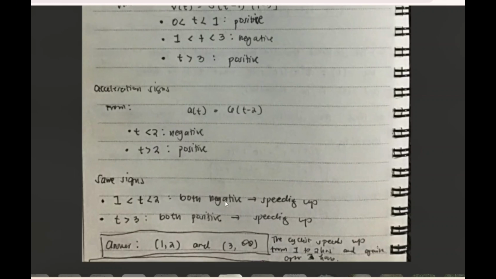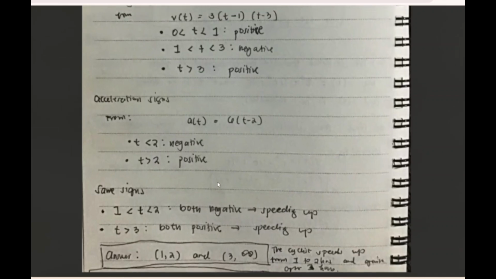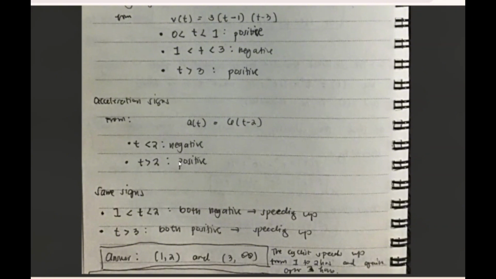That's both negative, which means that the cyclist is speeding up. And then from here it's both positive, so let's consider t is greater than 3, which is positive, which means the cyclist is speeding up.